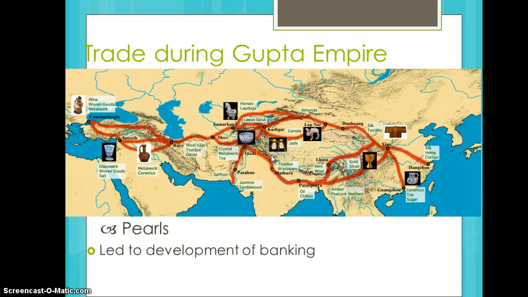Notice they're not trying to cross the Himalaya mountains. They're following the very base of the mountains, going around it. Okay, but this stretches over 12,000 miles from Constantinople all the way to China, and it also reaches India.